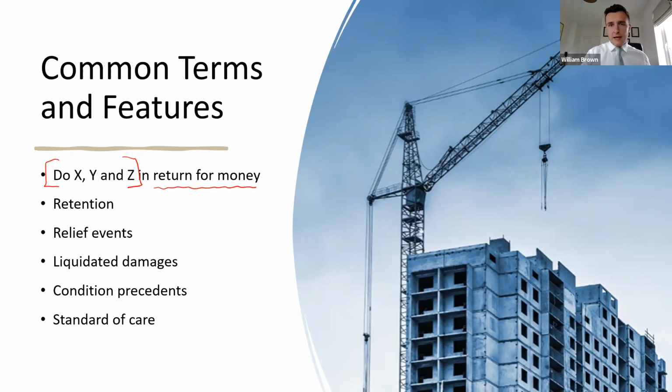If that risk lies with you as the contractor or you as the consultant, you need to price for it. Because if that risk materializes, you may not be able to claim any further compensation off of the employer. So when you say that doing X, Y, and Z is in return for money, you do need to factor in when pricing the project, the risks that lie with you under the contract. And I'm going to come back to that topic in a bit more detail.